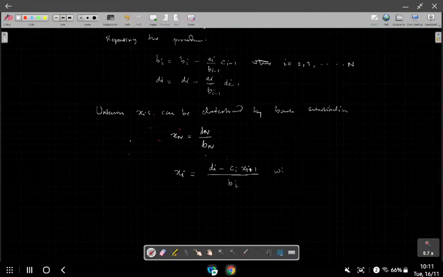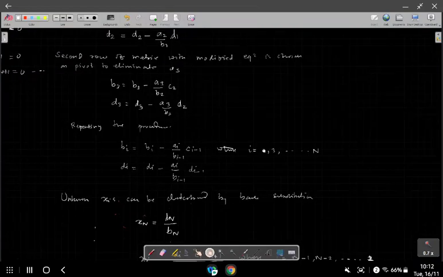Here i is running backward: n minus 1, n minus 2, up to 1. Up to 1 means up to this 2.